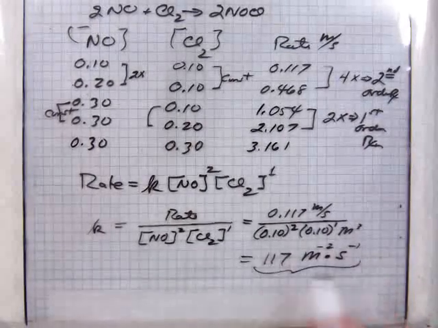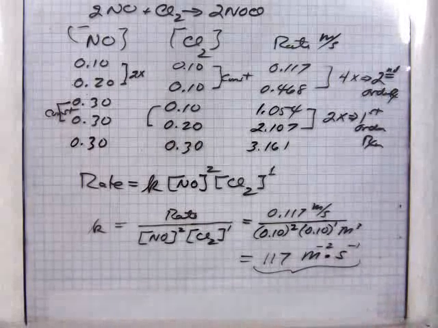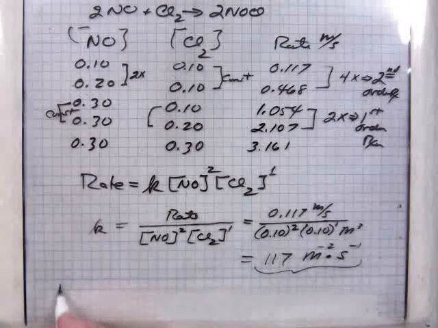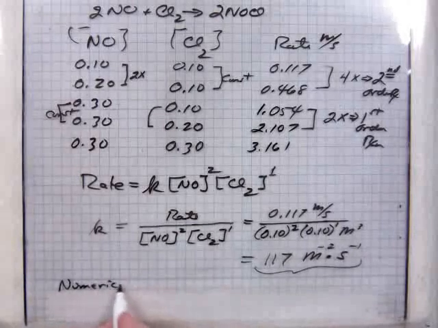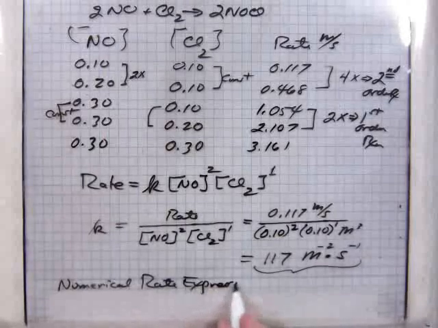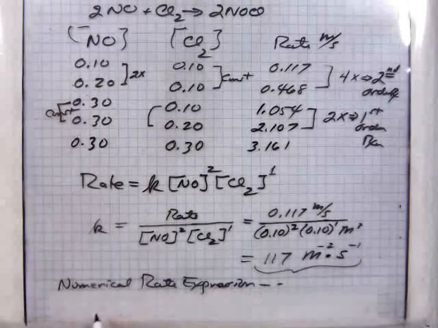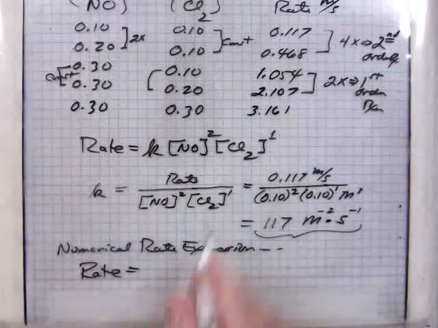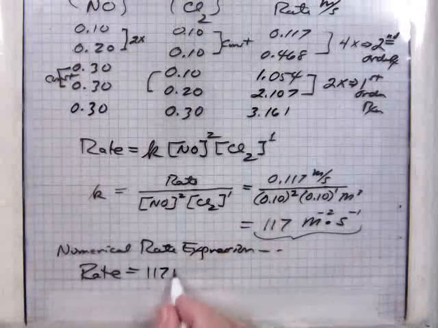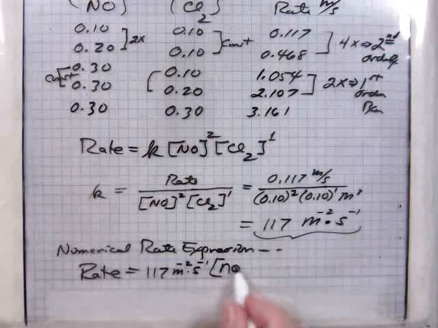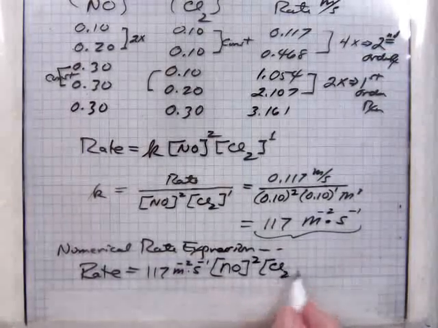This is a proportionality constant, like I mentioned earlier, and so it is going to have some squirrely units associated with that value. So your numerical rate expression is therefore rate equals 117 molar to the minus 2 seconds to the minus 1, NO squared, Cl2 to the first power.